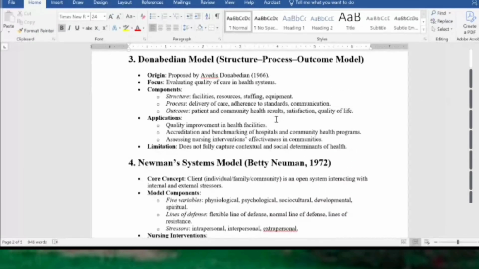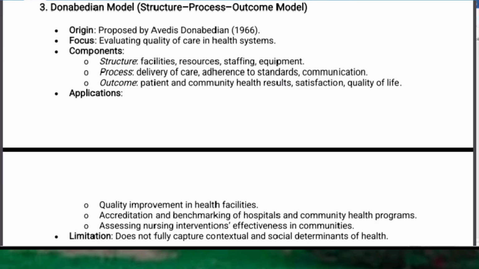So we have the Donabedian model, the structure, process, and outcome model. Origin: by Avedis Donabedian, 1966. It focuses on quality streams. So its structure: resources, system, and equipment; process: health, delivering of care to standards; and outcome: community health results, satisfaction, quality of health.